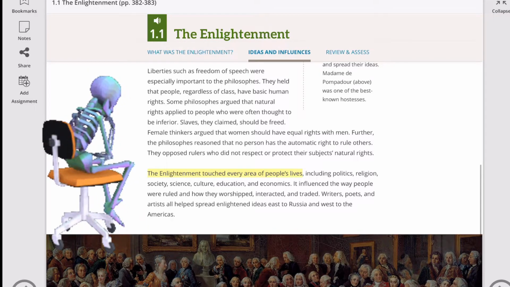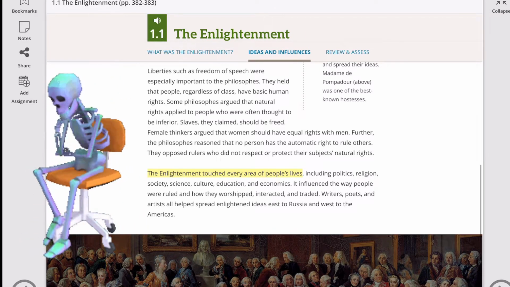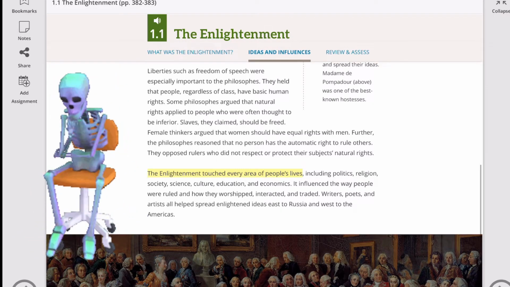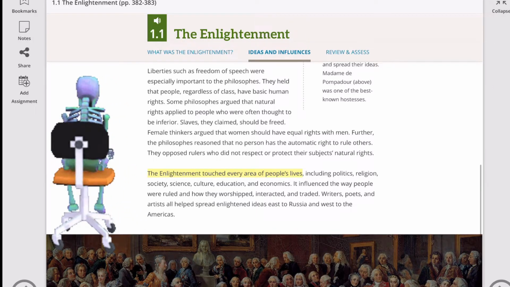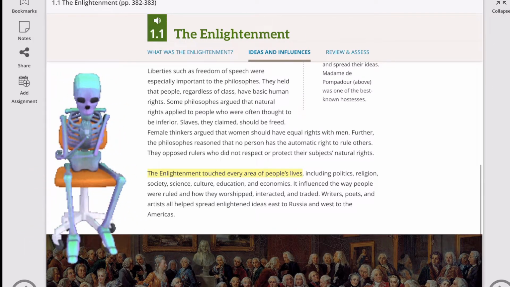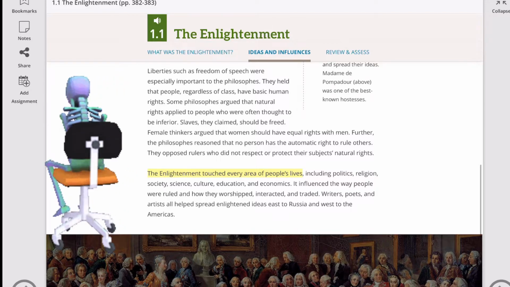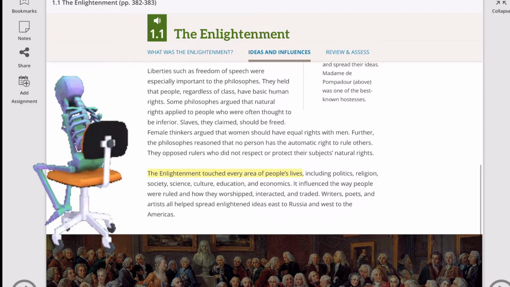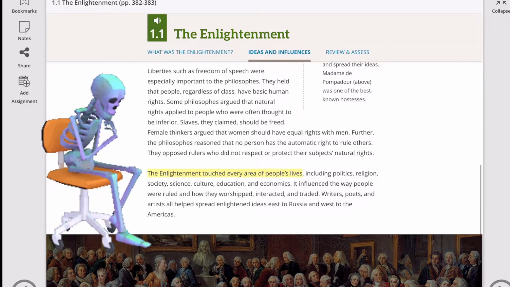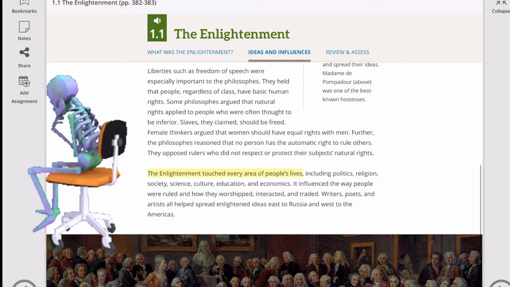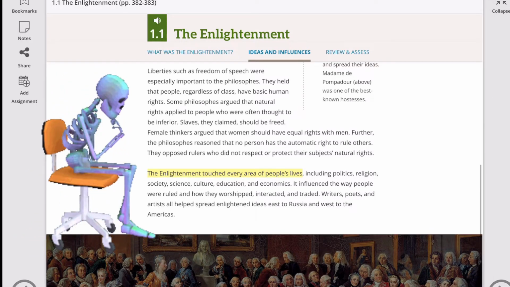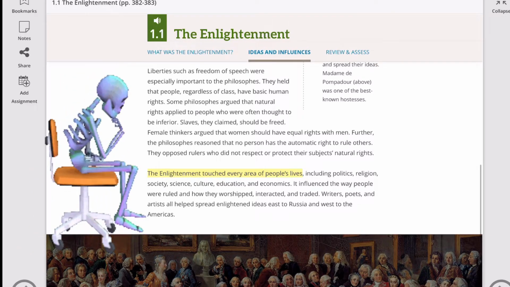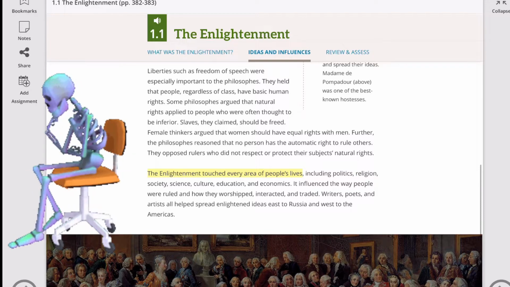So the Enlightenment touched every area of people's lives, including politics. When you say politics, these are how we choose the kind of government that is best for the majority. They tackled religion, a man's relationship to the divine, society as a whole, how we relate to each other, science, pure science, that is the systematic study of things, of course culture, the different unique ways of expression and how people live their lives, and obviously education and economics.